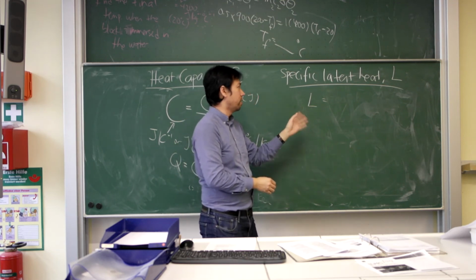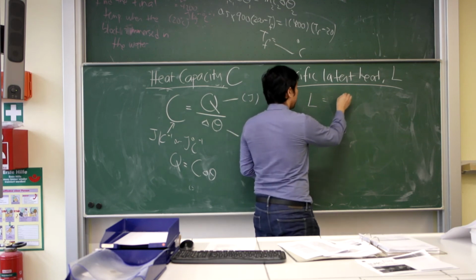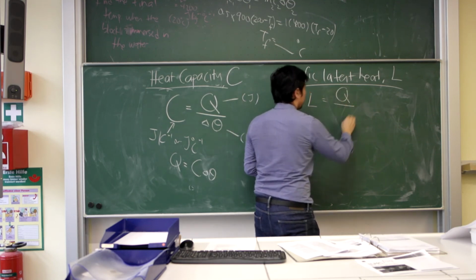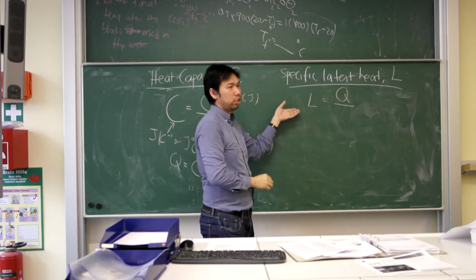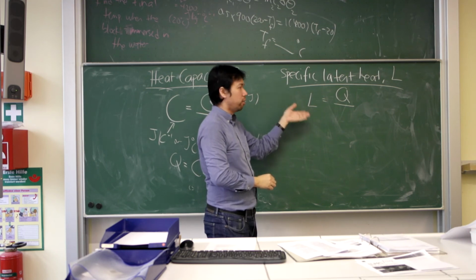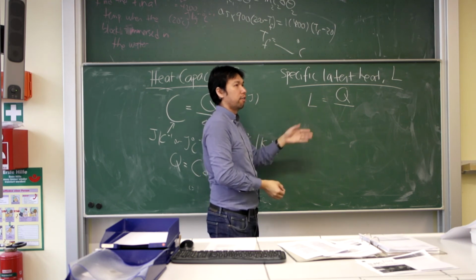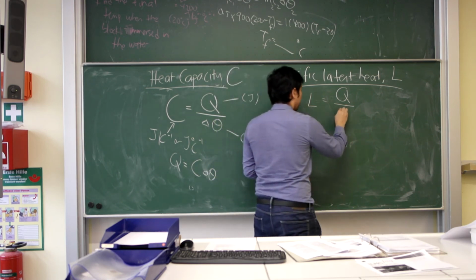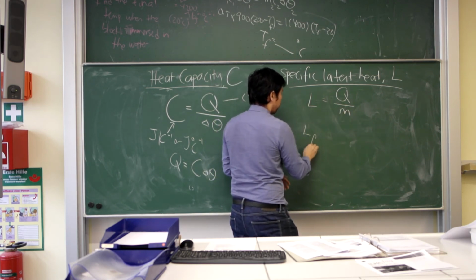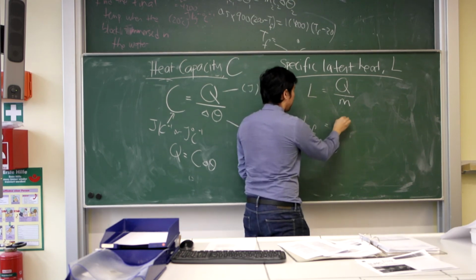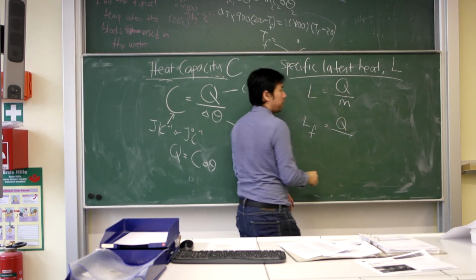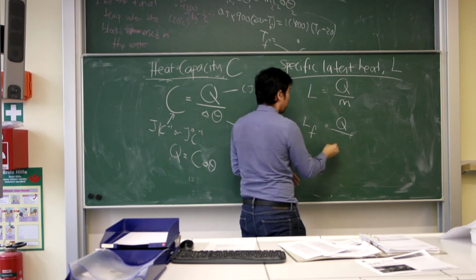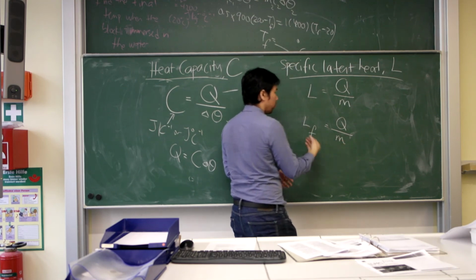You must understand it. Latent heat is the amount of heat required to change the phase of a kilogram object from one phase to another. There are two. Latent heat of fusion is the amount of heat required to change the phase of a kilogram object from solid to liquid.